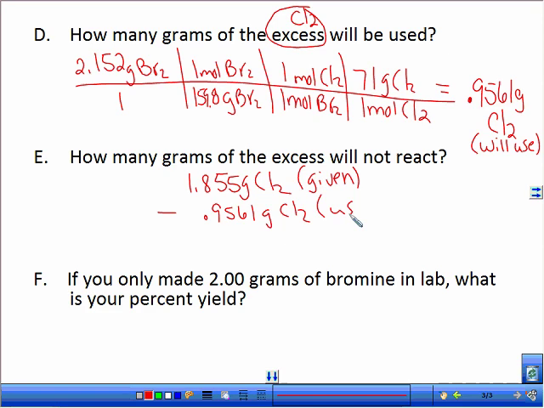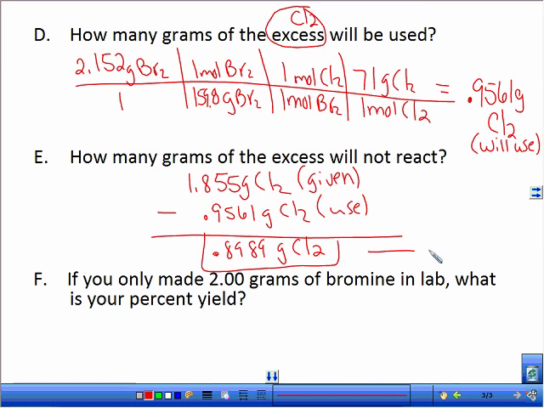This is how much you're using of it. So the amount you'll have extra is going to look like that. You could actually round that for sig digs based on decimal places to this, but I won't count off. So either one of those will work for me.